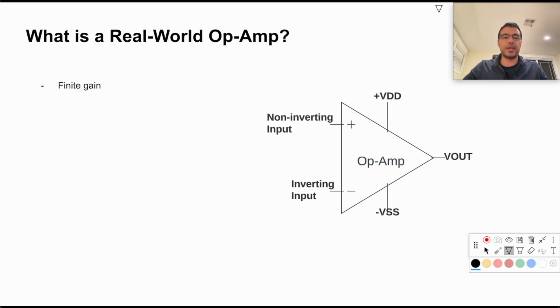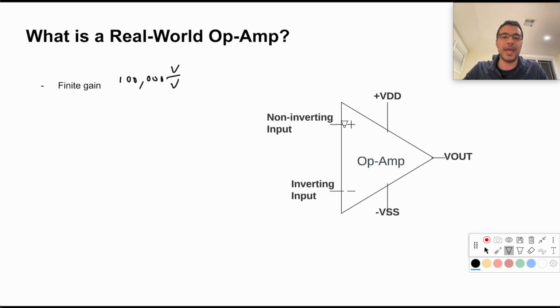The first of which is that an op-amp typically has finite open-loop gain. What this means is that an ideal op-amp has infinite gain, as we talked about, but a normal op-amp has a finite gain. It's a number less than infinity. Typically, for most op-amps, it is somewhere north of 100,000 volts over volts.